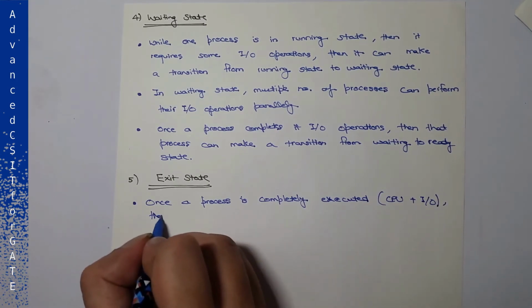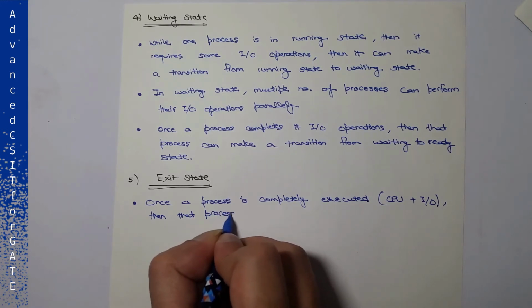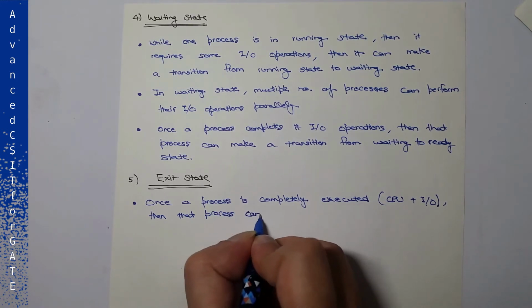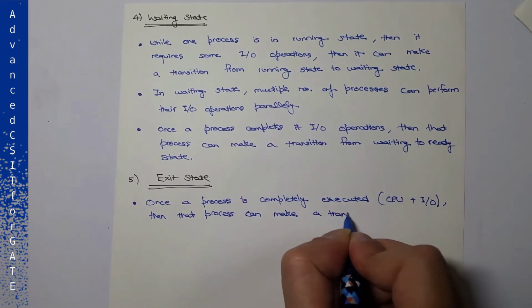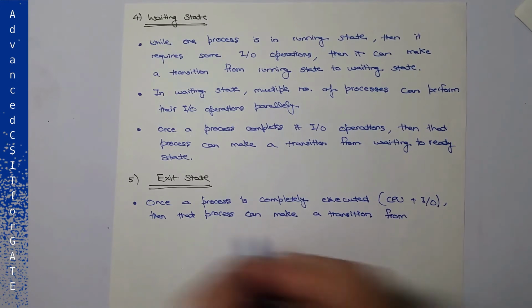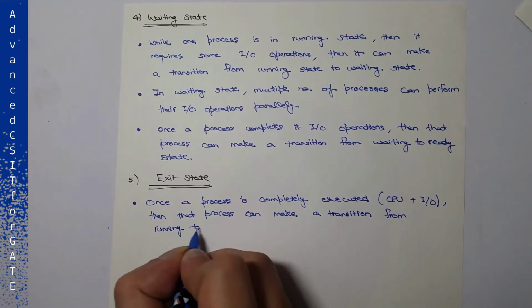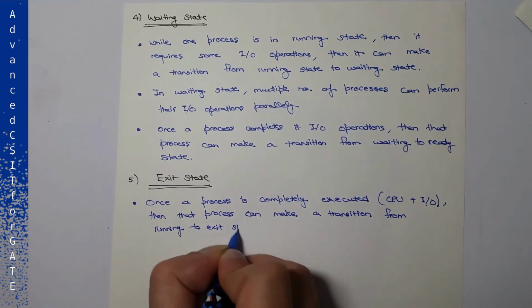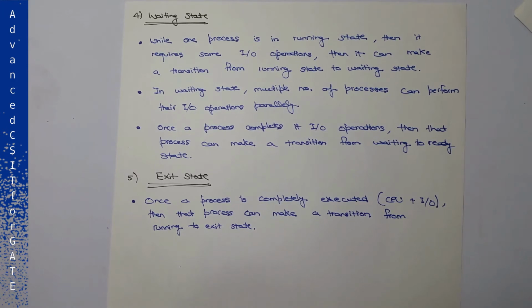Then that process can make a transition from running to exit state. What it means simply is that it will empty its main memory and go back to secondary memory.